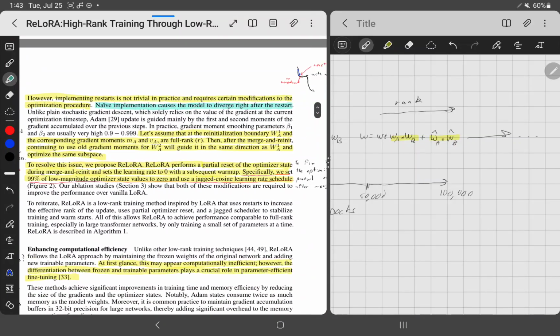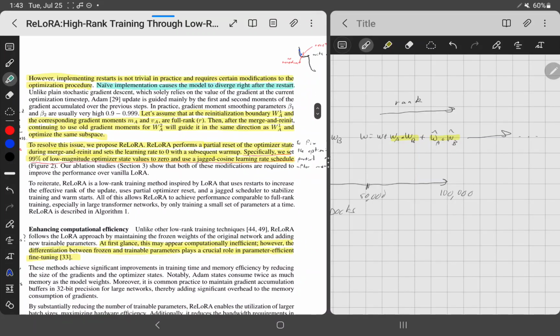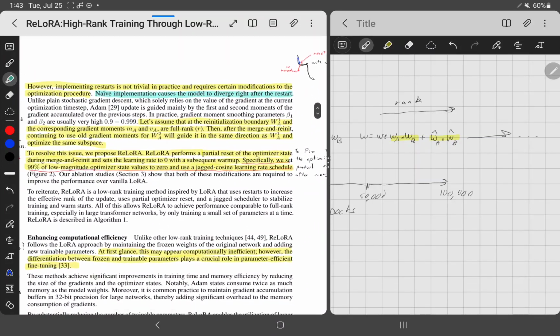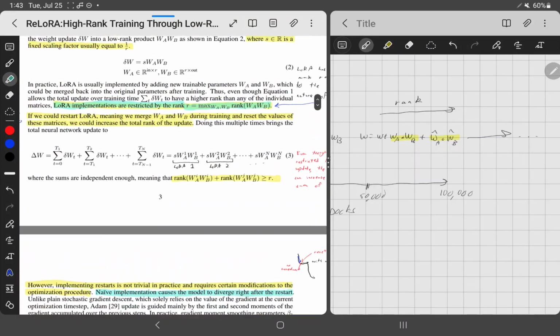They mention here that if we could restart LoRA, meaning we merge WA and WB during training and reset the value of these matrices, we could increase the total rank of the update.